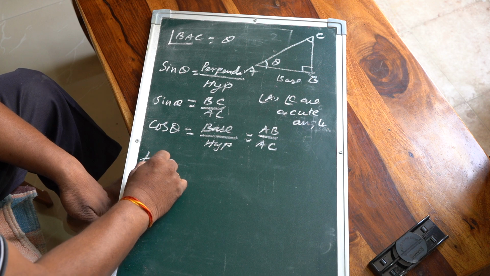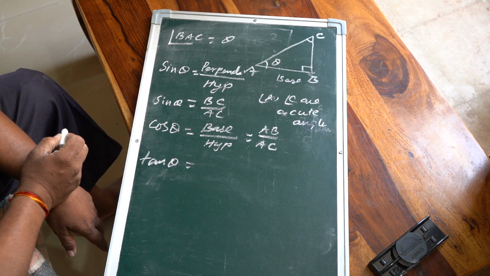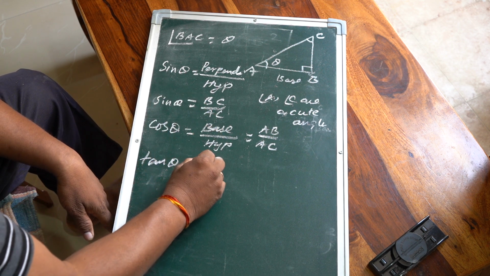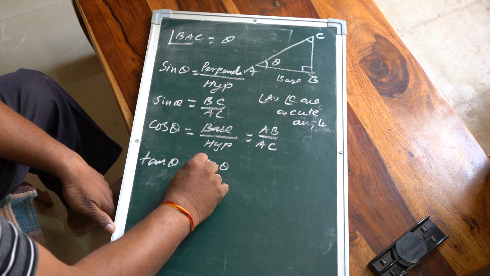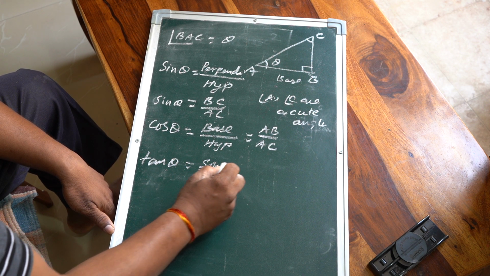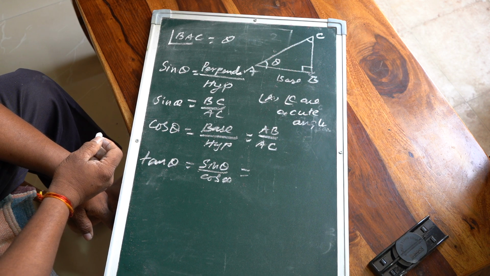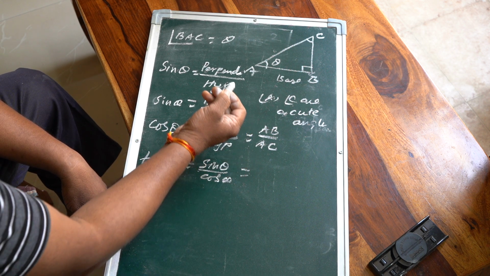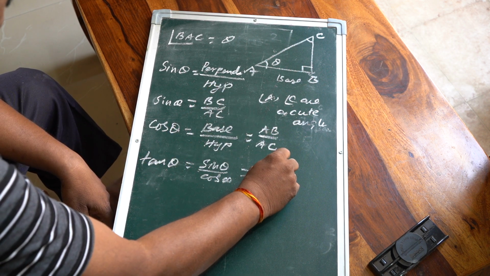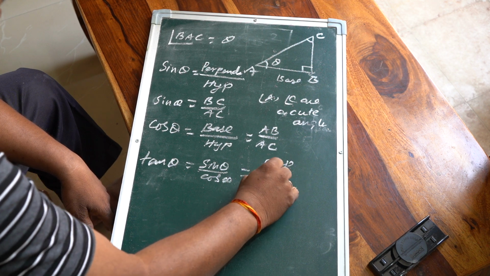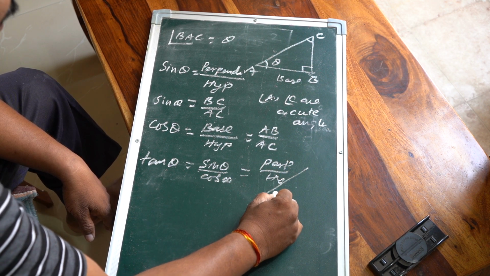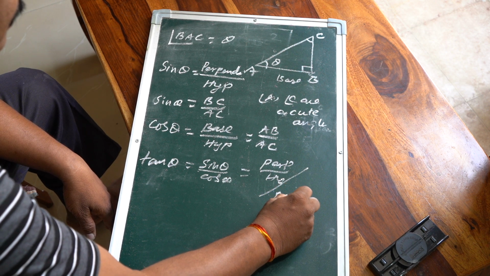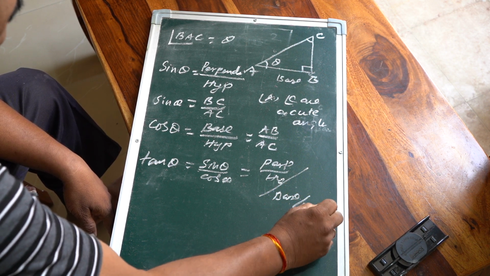Now what is tan theta? Tan theta is sin theta by cos theta. Sin theta is perpendicular by hypotenuse, divided by cos theta, which is base by hypotenuse.